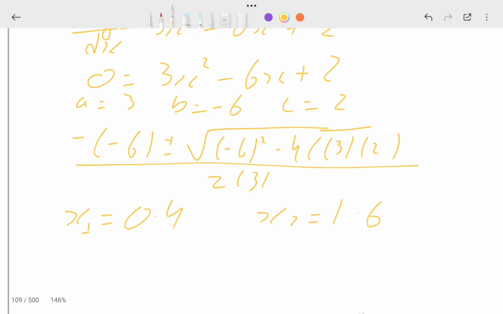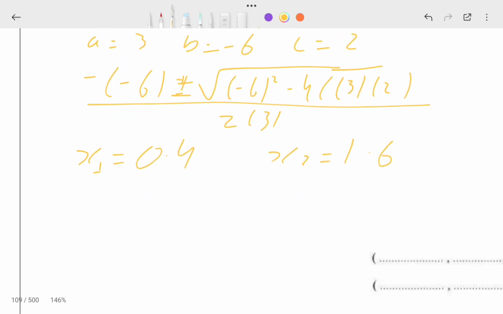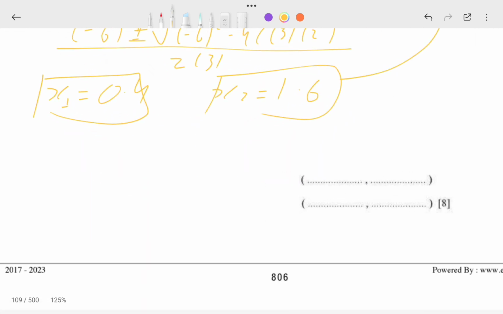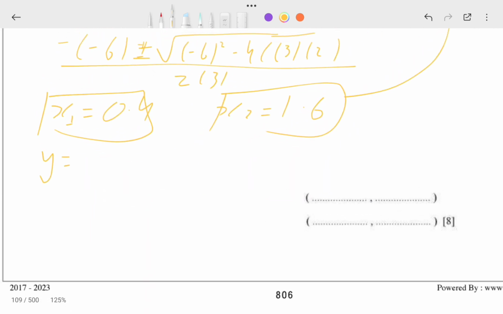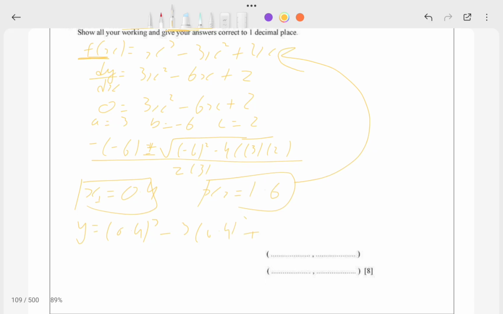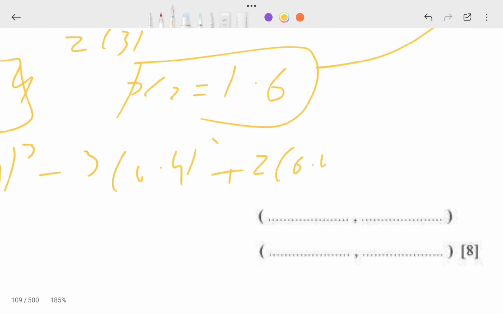Why there are two values? Because this is plus minus. Okay, now we will put both these values in this equation, so we can get the coordinate of y. So by putting 0.4 cube minus 3 times 0.4 square plus 2 times 0.4.